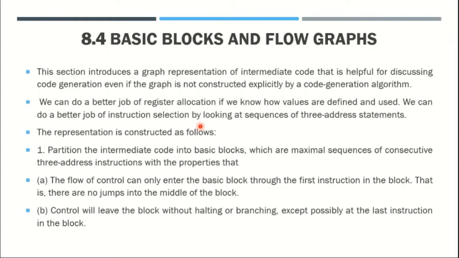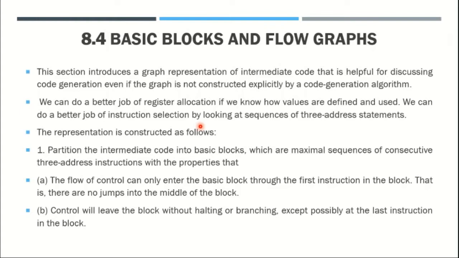So here we are constructing the flow graph for the given intermediate code representation. To construct the flow graph, we divide the intermediate code into different basic blocks and then treat each and every basic block as a node in the flow graph construction.